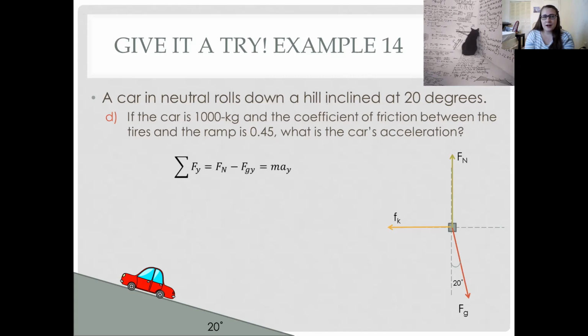So think about the y direction first, because we know the acceleration in the y direction should be 0. The sum of the forces in the y direction, we have the normal force pointing up. We have that y component of gravity pointing down. And in this case, the y component of gravity is this side that's adjacent to our angle. So the y component in this case is the cosine, which is super annoying because previously the y component was the sine, and here it's the cosine.